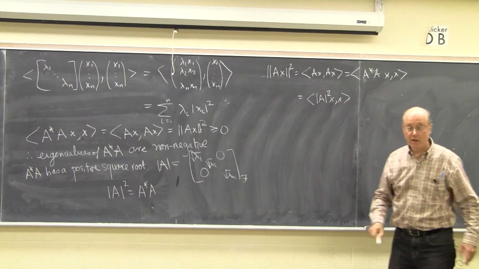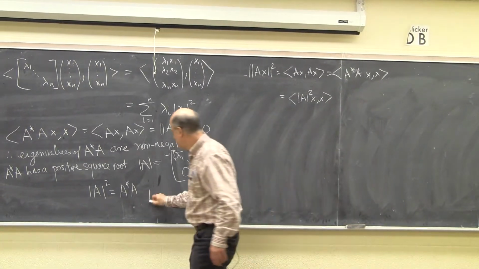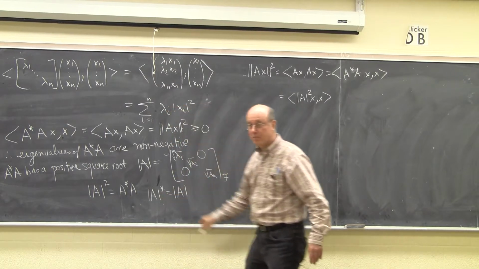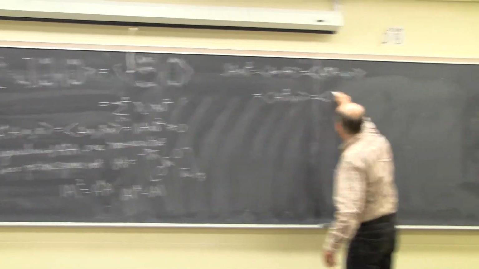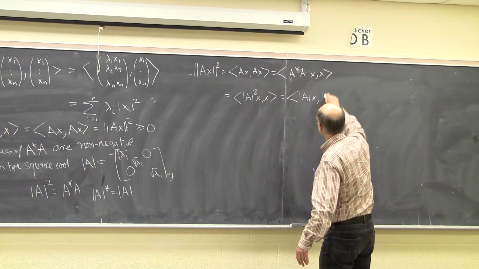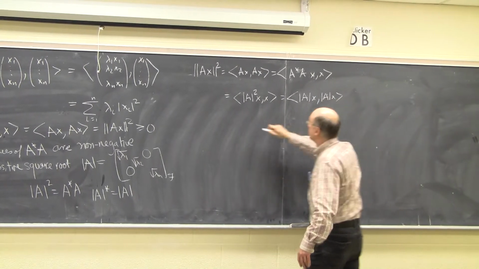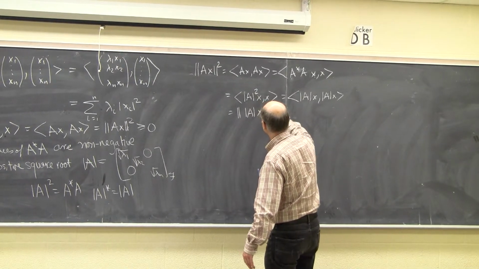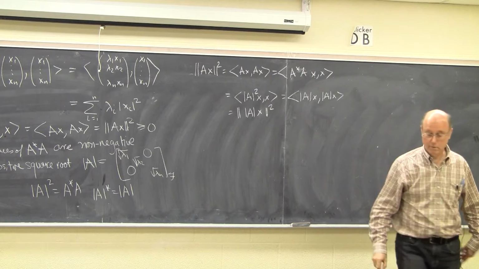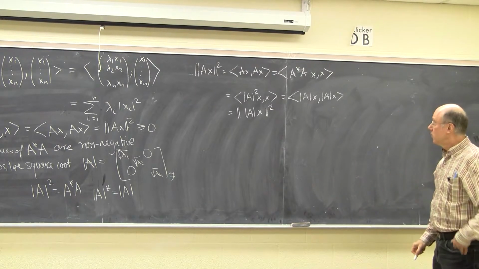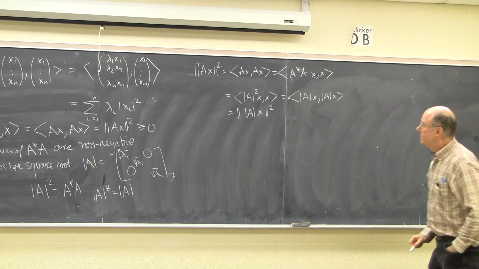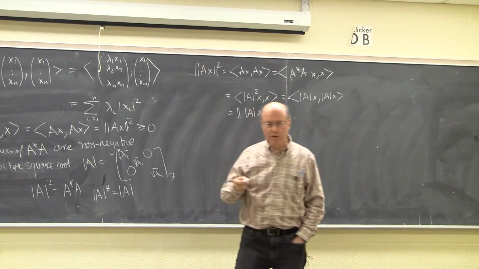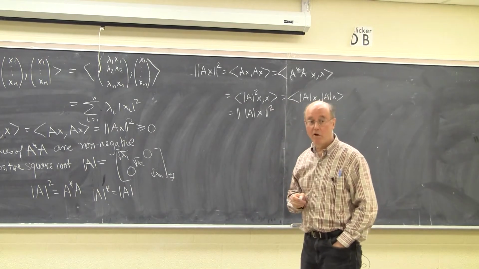And absolute A is self-adjoint. Okay, so this is equal to the norm of absolute A x squared. Okay, so A and absolute A have this property that they take the same norm on all vectors.